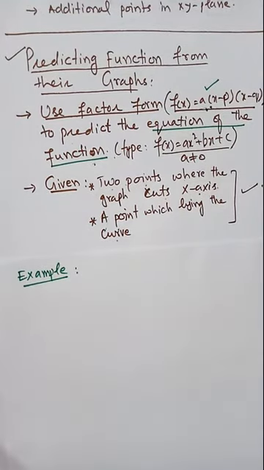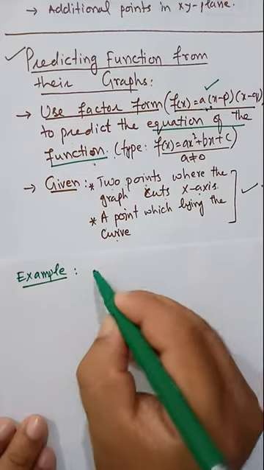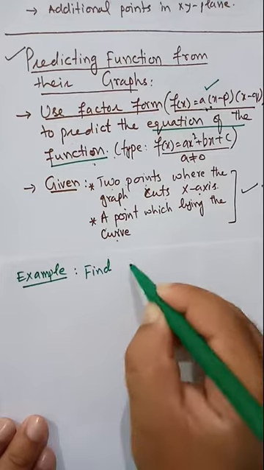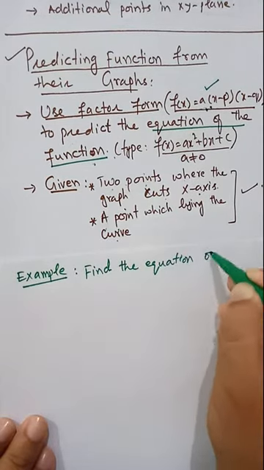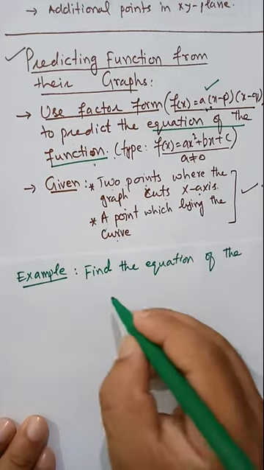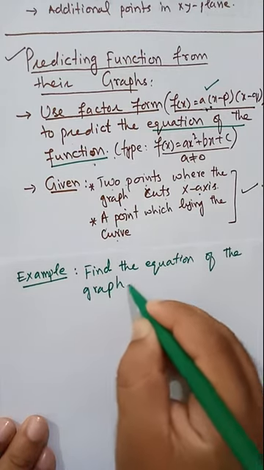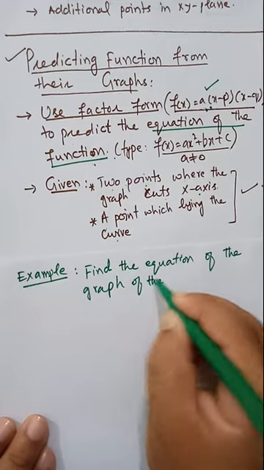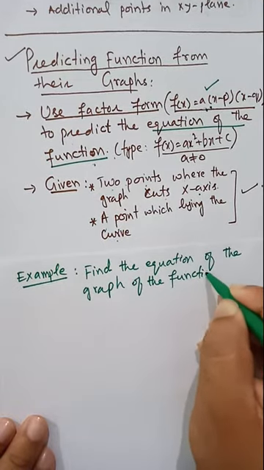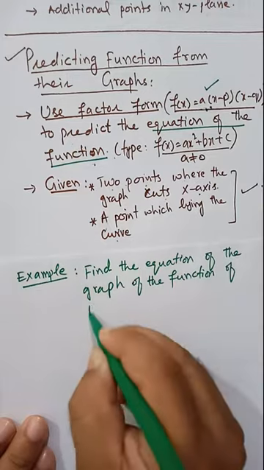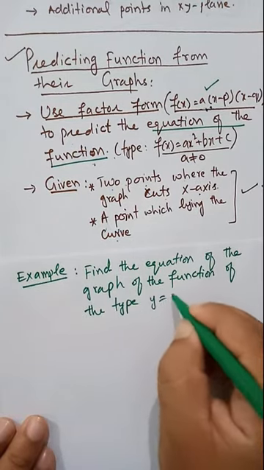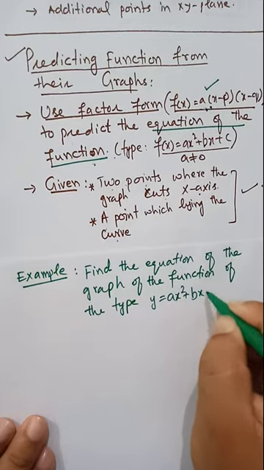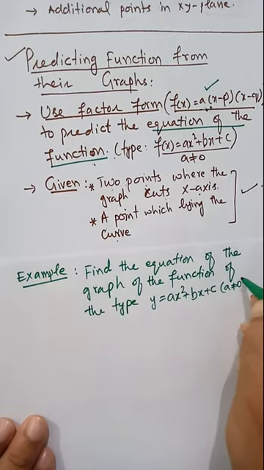Now find the equation of the graph of the function of the type, which is the general form y is equal to a times x square plus bx plus c, where a is not equal to 0.